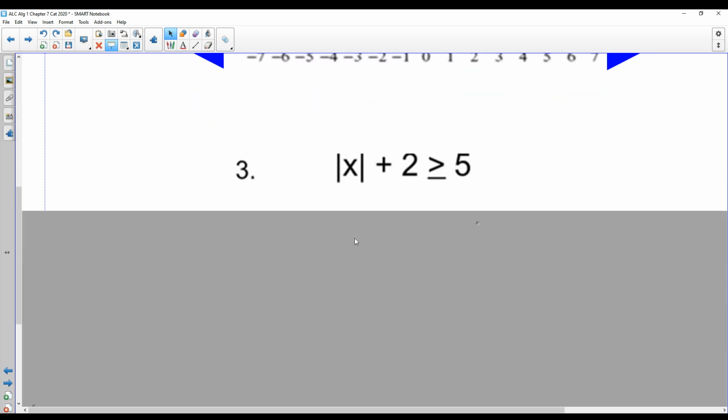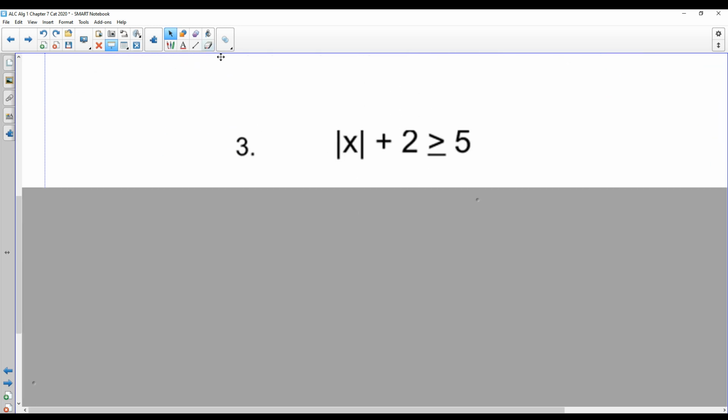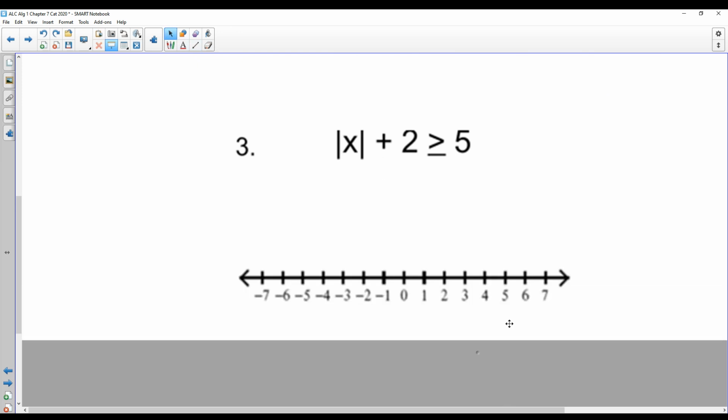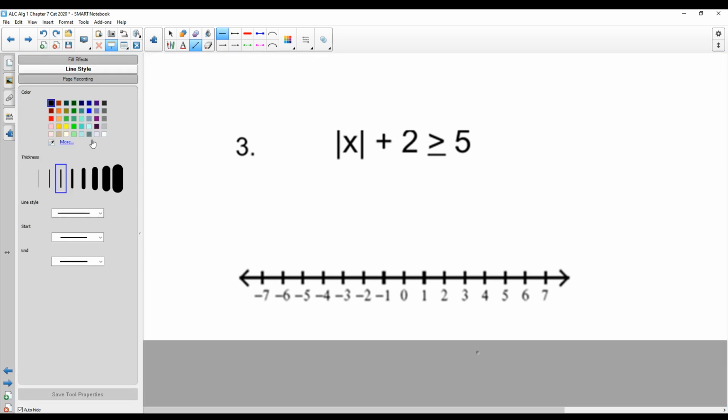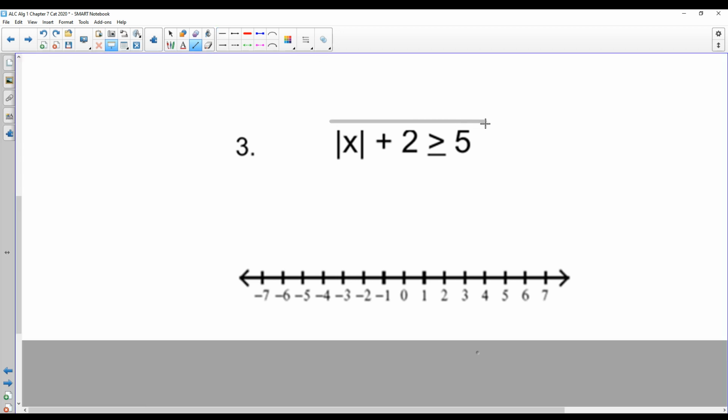The next example we're going to look at has something that we have to undo first before we can graph it. So we're going to use some of our undoing tricks, bring in our t-chart. And how do you undo a +2?